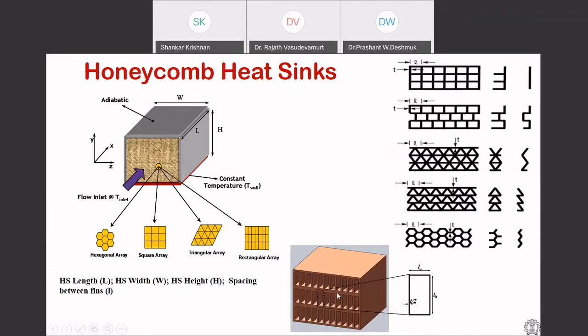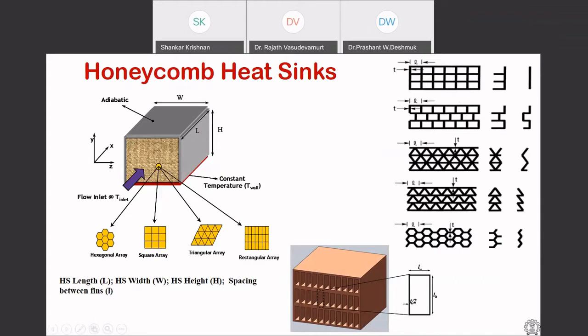As you can imagine, you can have rectangles, triangles, squares, hexagons, and so many varieties. The reason for all these is that they are space filling polygons. We can use circles as well.